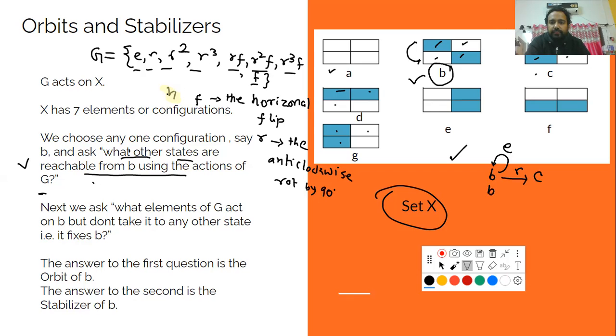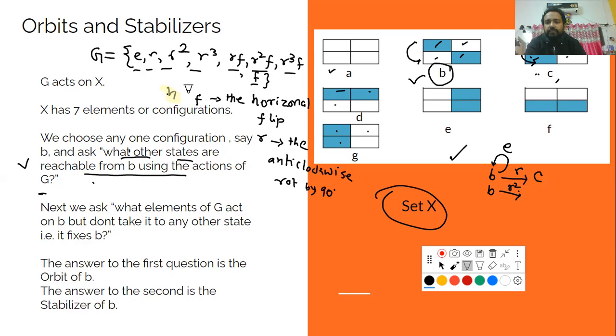Next, B followed by R squared, or the double rotation, is basically applying R to C. So this blue comes here, and this blue comes here, this white comes here.